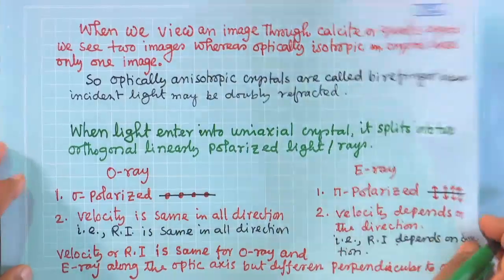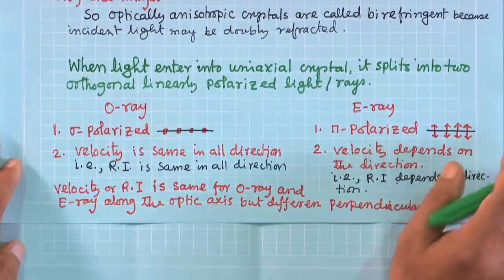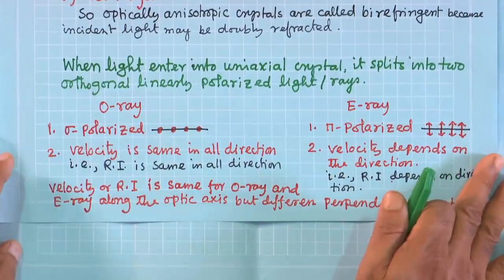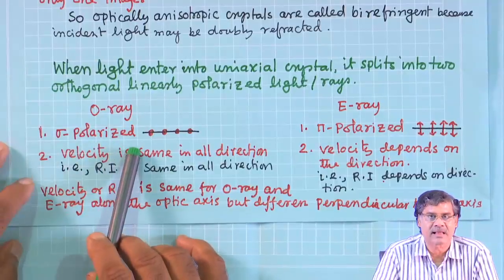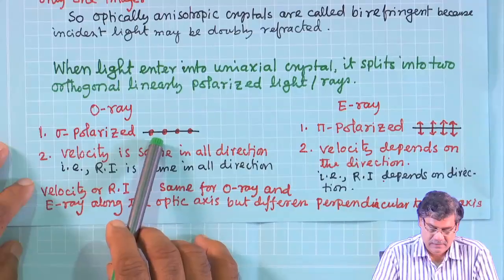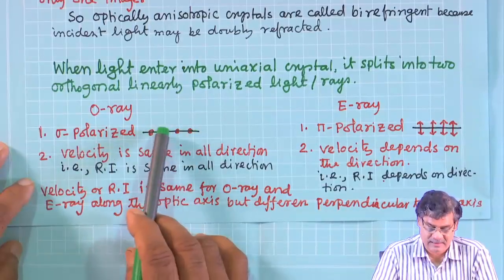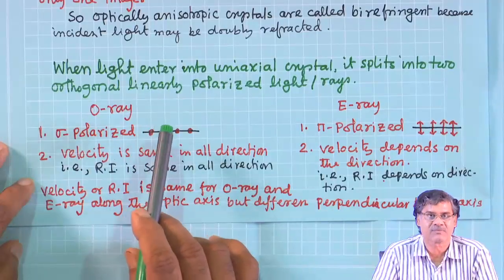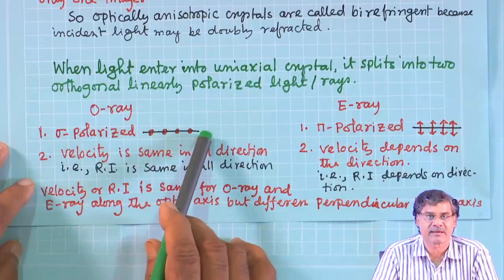So, if you compare these two rays, their characteristics are, O ray is basically sigma polarized light. So, sigma polarized light, you know, basically this dot is the electric field direction, right. It is perpendicular to the plane of the paper, okay, and this is the direction of light.